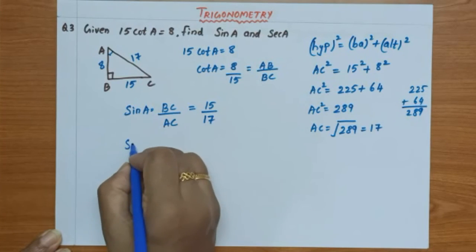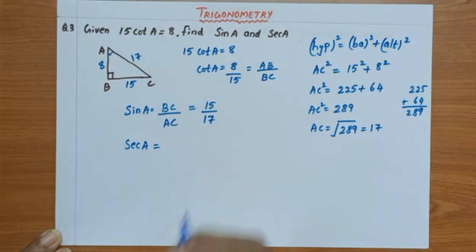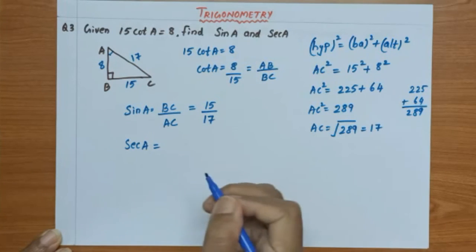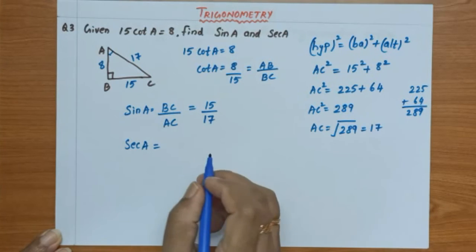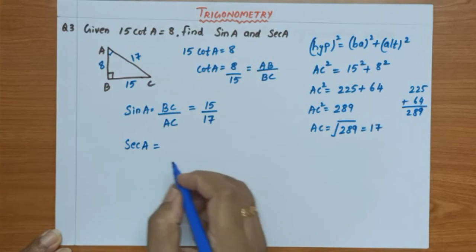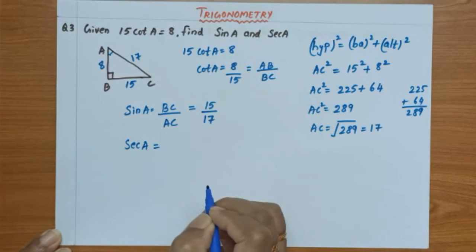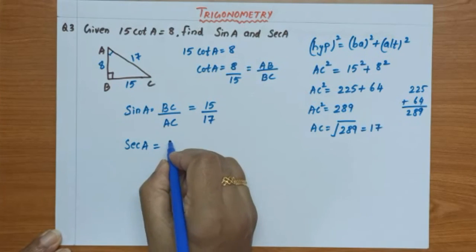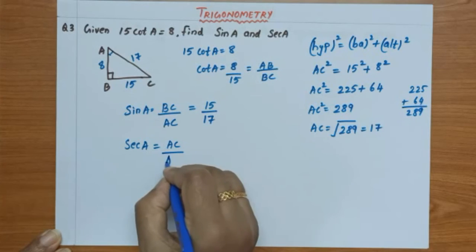Then the next question is we have to find out what is sec A. Sec A is opposite of or inverse of cos A. Cos A we know that is adjacent side by hypotenuse. So sec A is hypotenuse by adjacent side. So the hypotenuse is AC by adjacent side of angle A, it is AB.